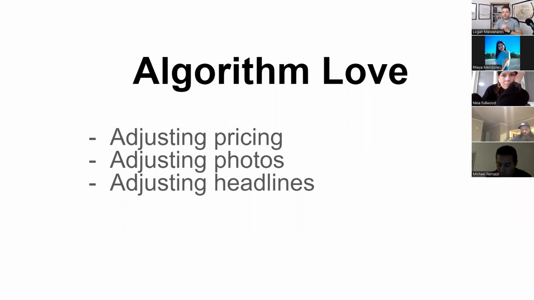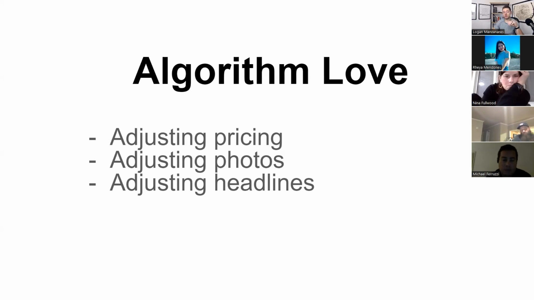So when we have a property that is sitting there on the last day or 2 without a booking, we'll adjust the price. We usually lower the minimum price down by 5%, 3%. We'll adjust that cover photo, so we have 5 really good photos that we really like, and we'll take one of those photos and replace it with a cover photo, and then we'll adjust the headline.